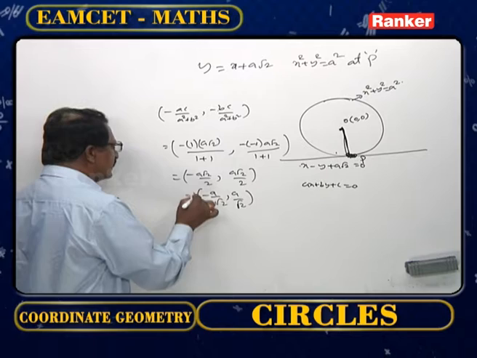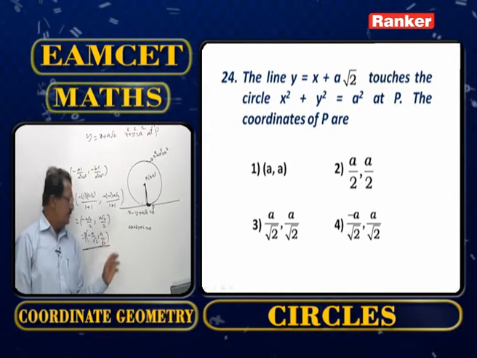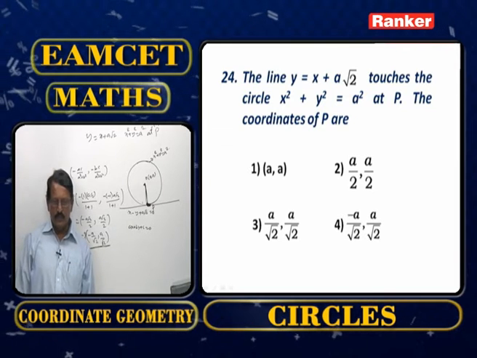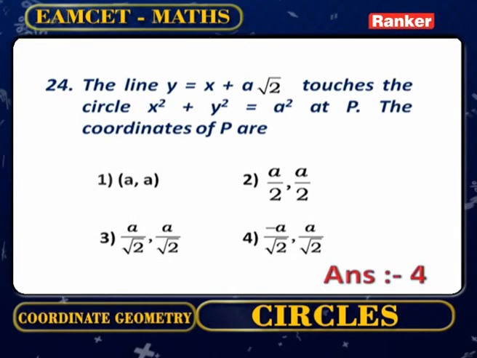The required point of contact P has coordinates minus a by root 2, a by root 2. So the fourth option is correct.